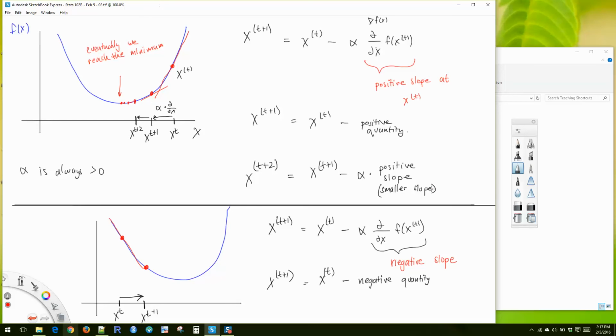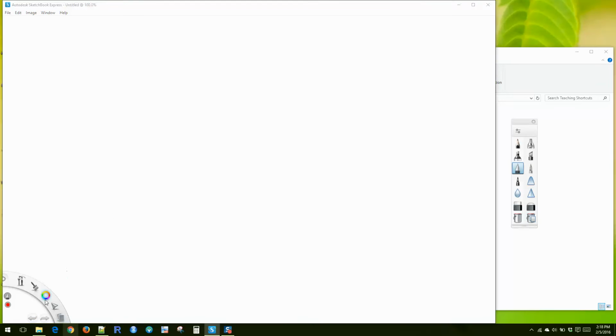Okay. We had some question about how do we pick alpha? All right, and that's a hard question. There's no simple answer that says this is the best alpha to use. Okay. So a lot of times it's a little bit of trial and error. Okay. If I may go to the next slide. Okay, so picking your learning rate alpha.